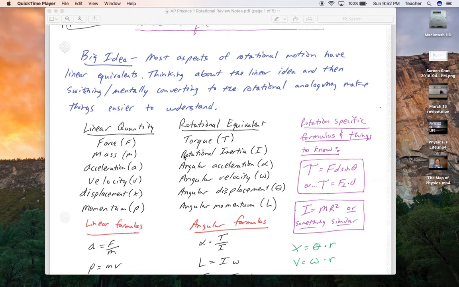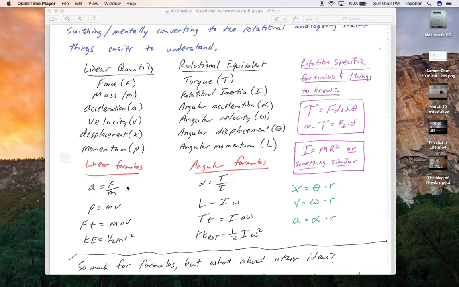The equivalent for mass is rotational inertia. Equivalent for acceleration is angular acceleration. Remember, acceleration is meters per second per second. Angular acceleration is radians, or parts of a circle, per second per second. Velocity and angular velocity, displacement and angular displacement, momentum and angular momentum, which is symbolized by capital L.